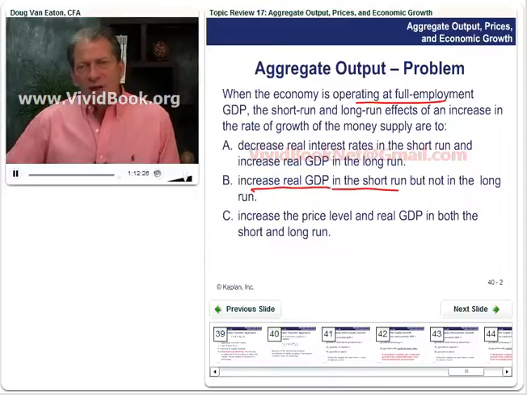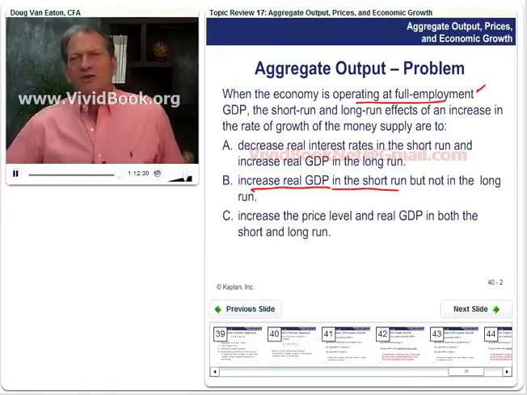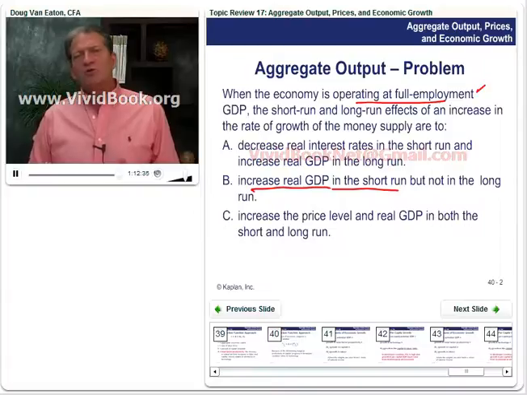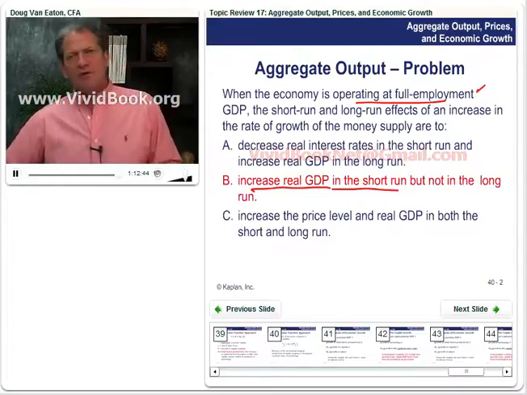But what did we say happens in the long run? In the long run, because we started at full employment, that's where we're going to get back to. We lose that short-term increase in real GDP, and prices go up more. So B, I think, is our correct answer. Let's make sure. Yeah, it's the right answer.